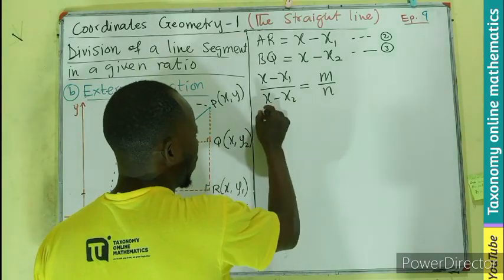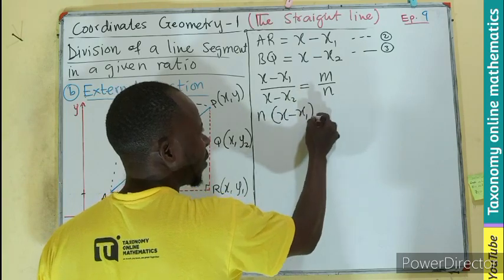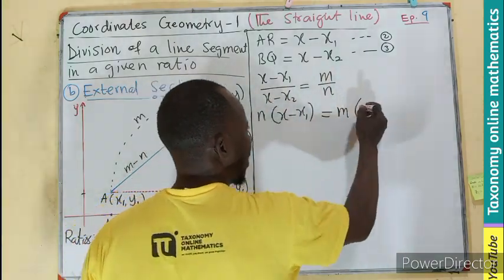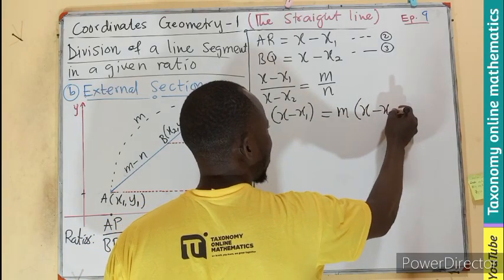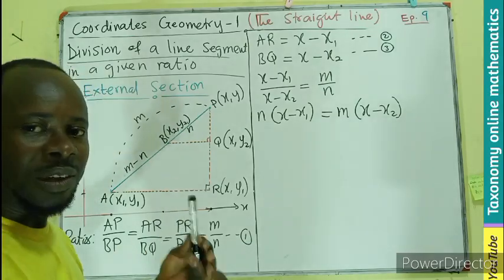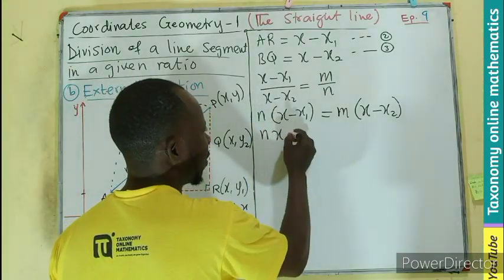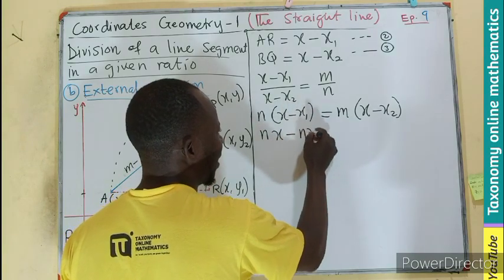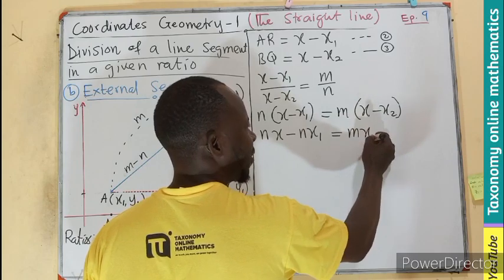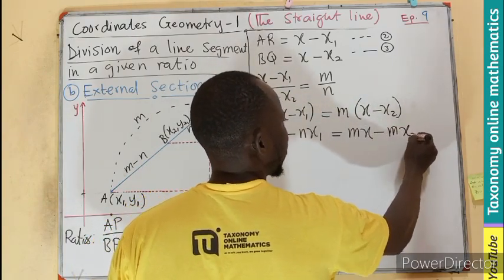So n will be multiplying the numerator here, x minus x1 equals m. We'll also multiply the denominator x minus what? x2. I guess we can do that. So now let's expand to have nx minus nx1 equals mx, if this also multiplies, mx2.